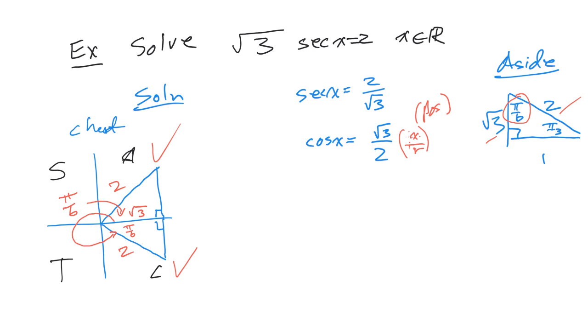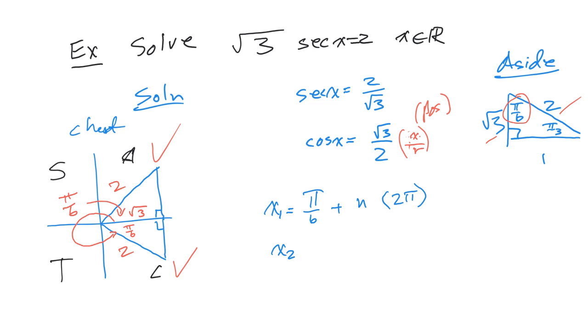Now, therefore there are two solutions. So here's my first solution, I'll call it x1. x1 is my pi over 6 solution. So I got pi over 6 plus, no, not 2 times, plus n times 2 pi.